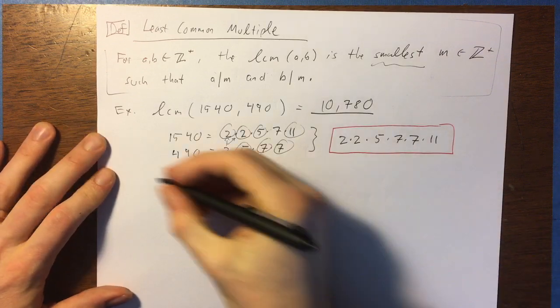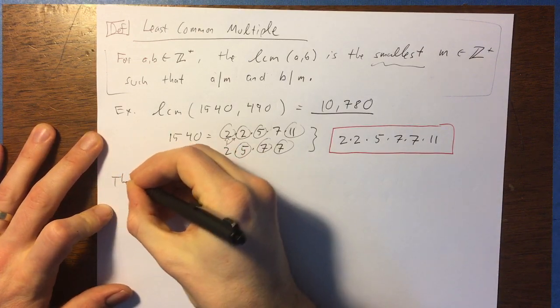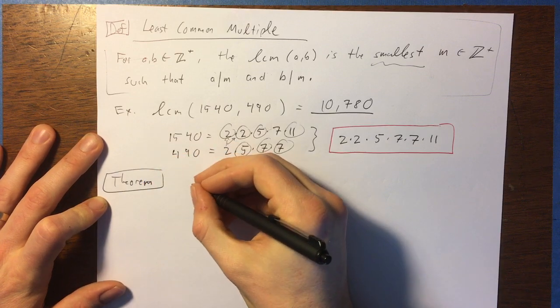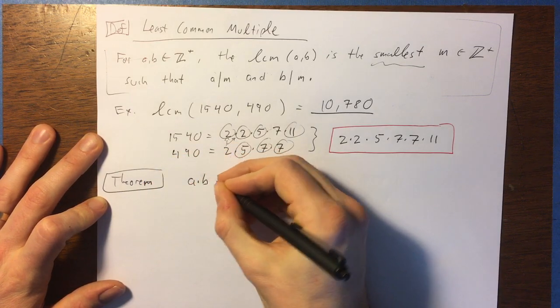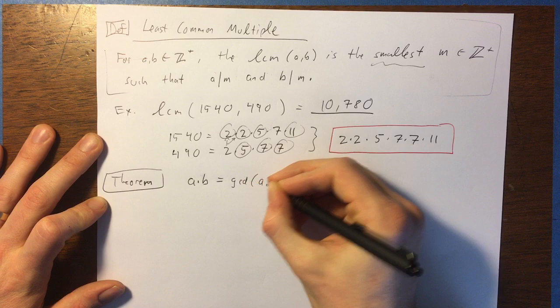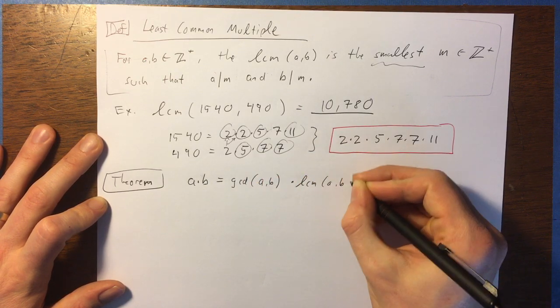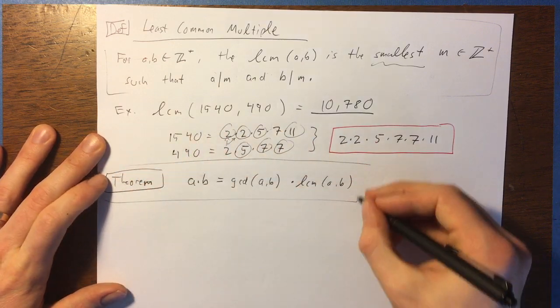So now, let's take a look at a theorem related to these two. The theorem says that A times B is going to equal the greatest common divisor of A and B times the least common multiple of A and B. And that's it. That's the theorem.